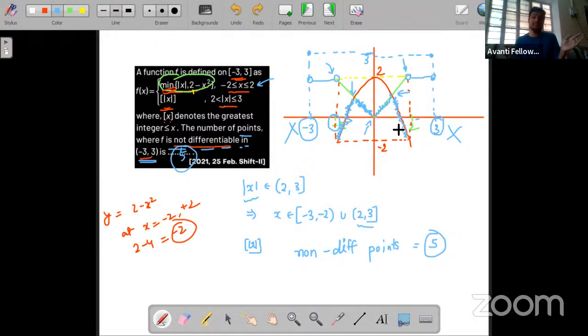So in that case the number of non-differentiable points would be 7. But here in this question, the examiner asked for non-differentiable points in open -3 to 3. Okay, so this was a very good question. Clear? So with the graph we don't have to write so much. Yes or no?